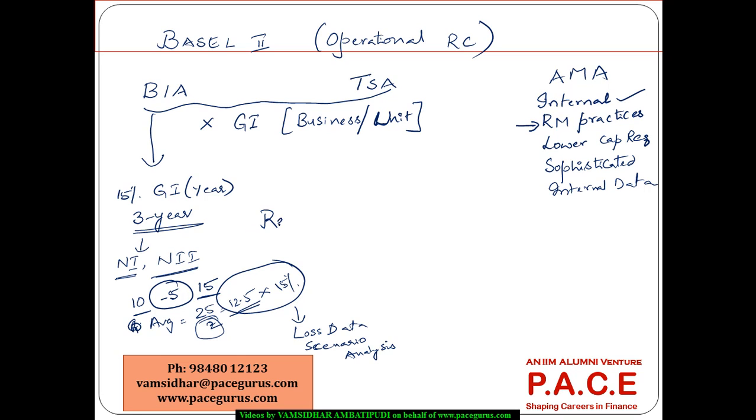So the reliability is always a question mark when I look at the BIA model, right? Because having revenue as the only driver and no other process relating to risk management, implementation of the risk controls, makes this model more and more limited in its usage.